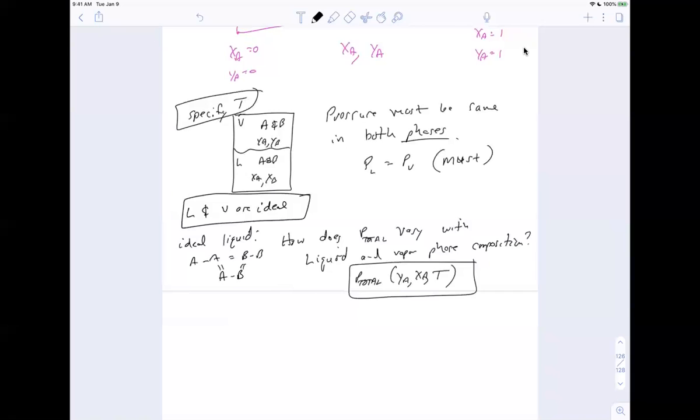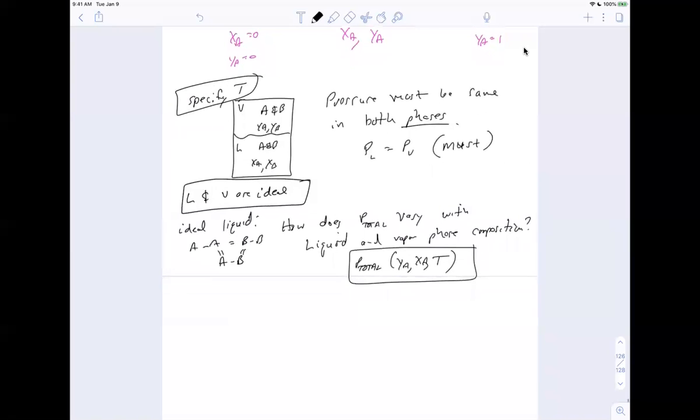So alkanes interact by nonpolar interactions or instantaneous dipole moment interactions, whereas water is strongly polar. So the interactions between water molecules are much different than the interaction between a water and an alkane molecule. So that's why you see here that alkane or organic and water systems are not ideal. They're quite non-ideal. So that's what I mean by a liquid that is ideal.